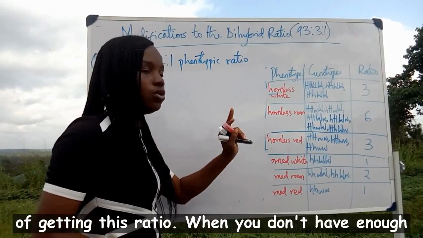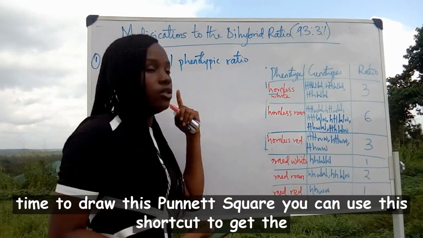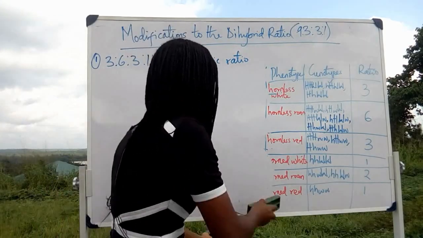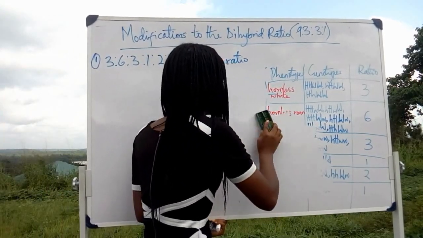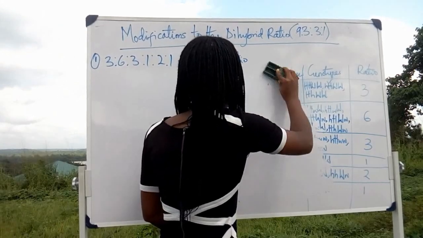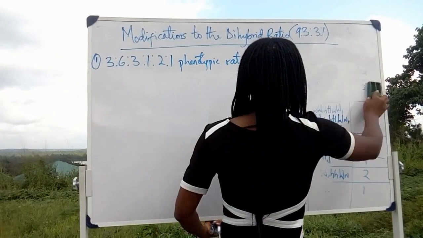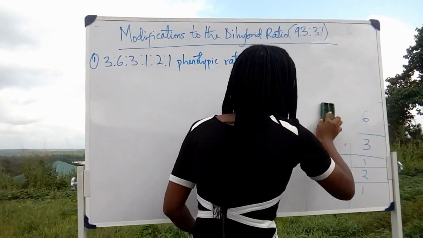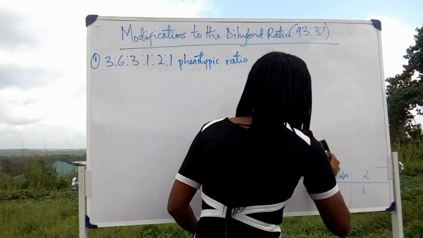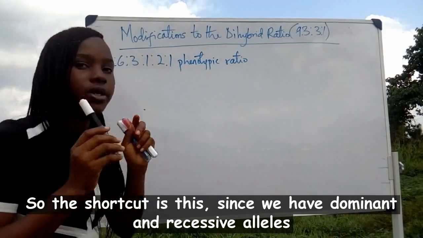So if you don't have enough time to draw this Punnett square, you can use this shortcut to get the ratio. Yes. So the shortcut is this.